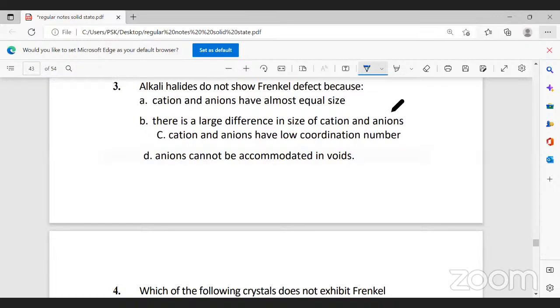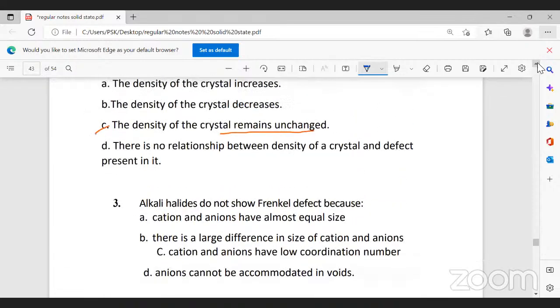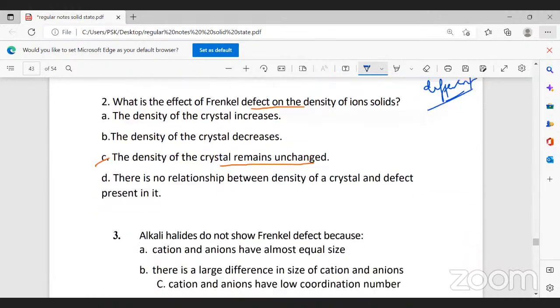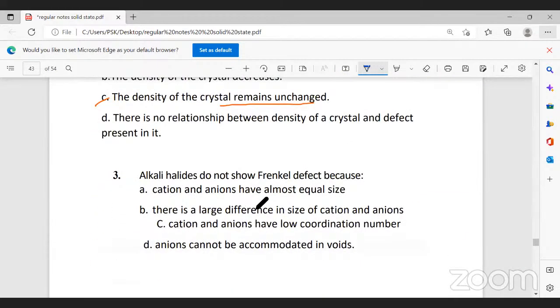Now you should remember, in case of Schottky defect, the anion and cation size will be different. But in case of Frenkel defect, as we learned in the theory, the anion and cation size remains almost the same.